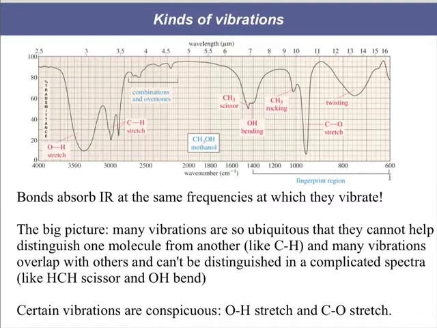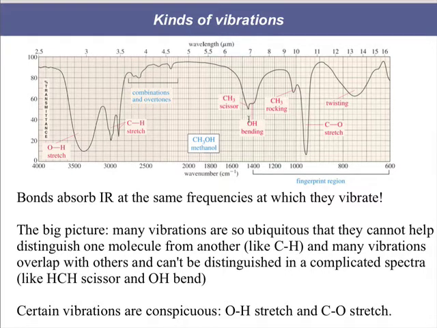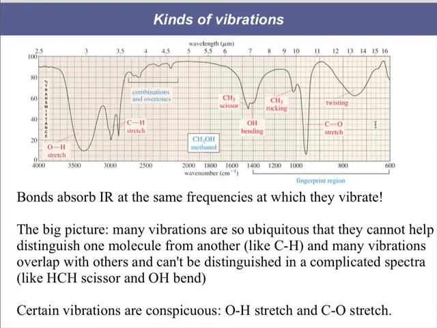You see that from 600 to 1400 is labeled the fingerprint region. This is the region in which most of the ubiquitous vibrations appear. Almost every molecule will have vibrations in this region, and that means that most of the stuff here is not able to give us any distinguishing information from one molecule to the next.